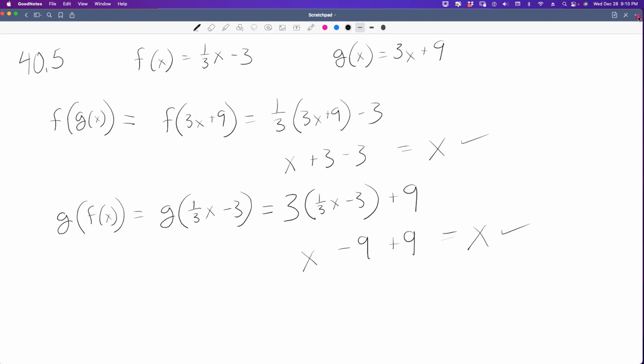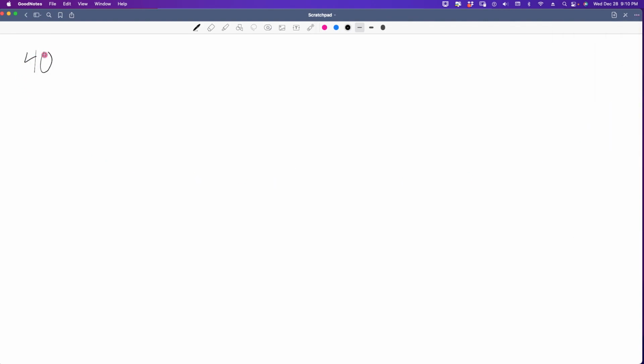So let's try another problem. So let's do 40.6, and here are our functions. We have f of x is equal to 1 over x minus 3, and g of x is equal to 3x plus 1 over x.